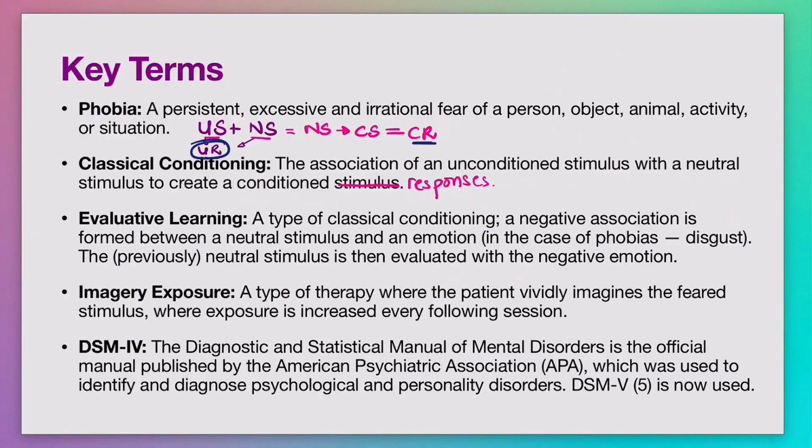The next piece of the classical conditioning puzzle is called evaluative learning. Evaluative learning is also something that Saavedra and Silverman were focusing on, whereby when we look at any kind of neutral stimulus, we evaluate or assess it. And in our evaluation, we may form a negative association between that neutral stimulus and a particular emotion, obviously a negative emotion.